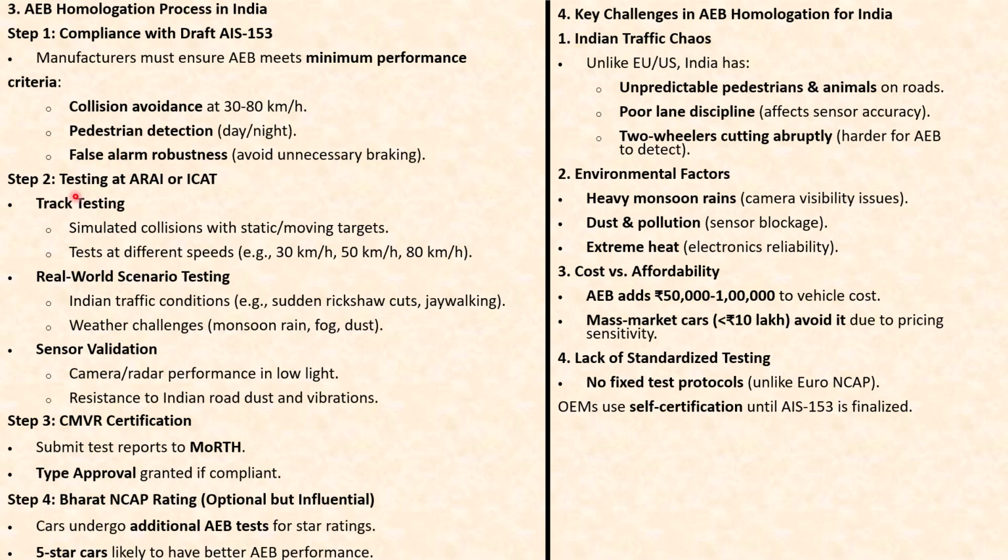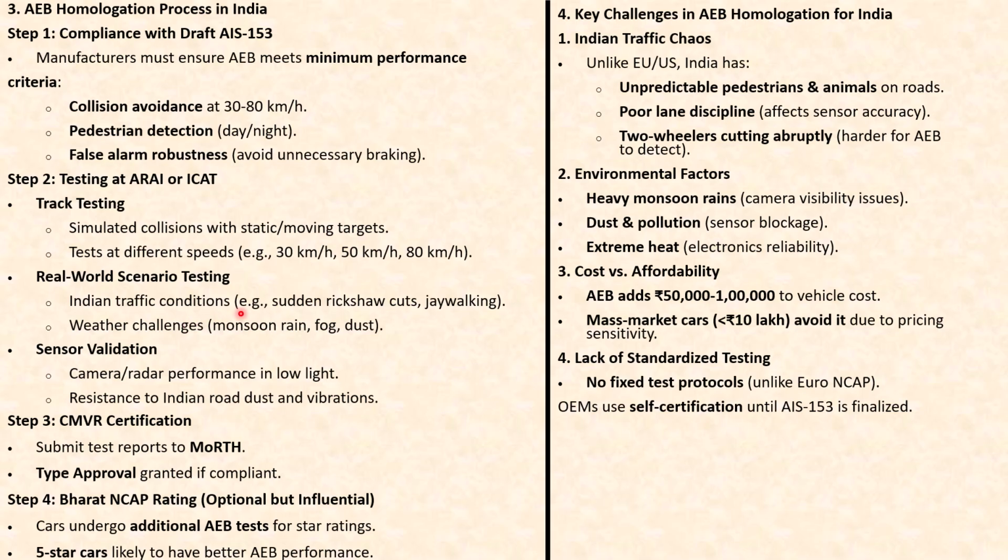Now coming to step 2, testing at ARAI or ICAT. Track testing includes simulated collisions, this is more like in the proving ground. Simulated collisions with static and moving targets, with tests at different speeds like 30 km per hour, 50 km per hour, 80 km per hour, and real world scenario testing.